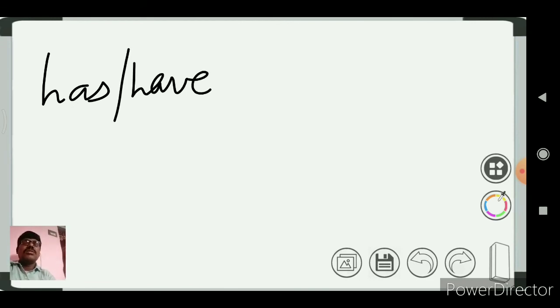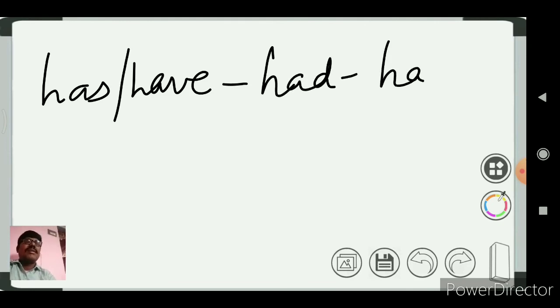One more auxiliary verb. Has. Has or have, both are called base forms. Have, had, having.